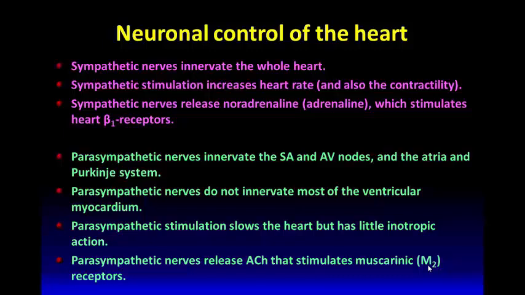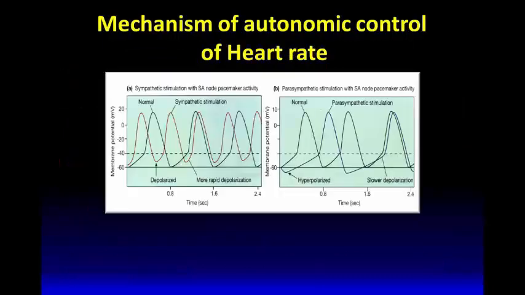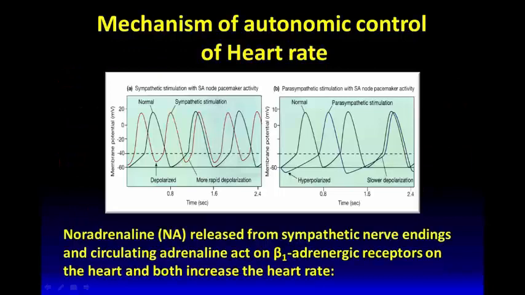But since we are describing the influence of sympathetic and parasympathetic stimulation on the heart rate, we shall just focus on the beta-1 adrenergic receptors and the M2 muscarinic receptors, which are located on the sinoatrial nodal cells. The catecholamines, norepinephrine, noradrenaline, released from the sympathetic nerve endings, and the circulating adrenaline act on beta-1 adrenergic receptors and increase, both of them increase the heart rate.